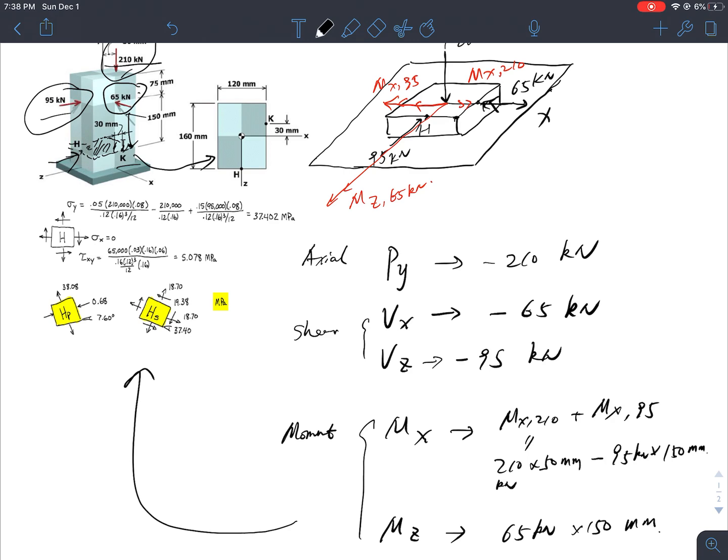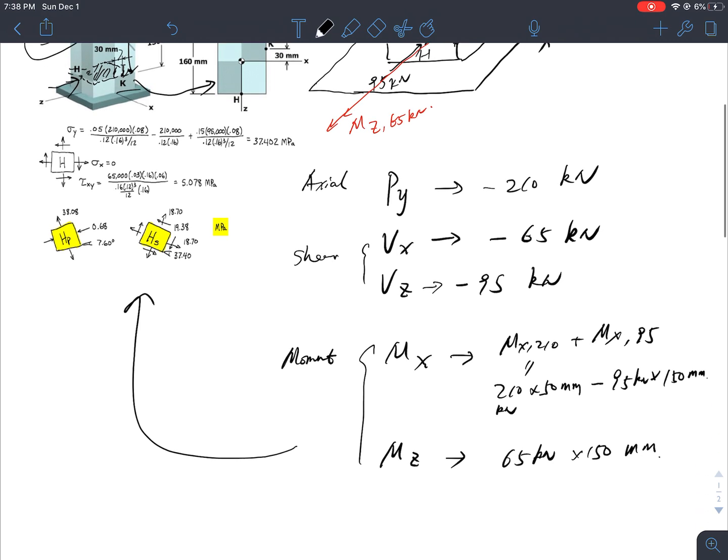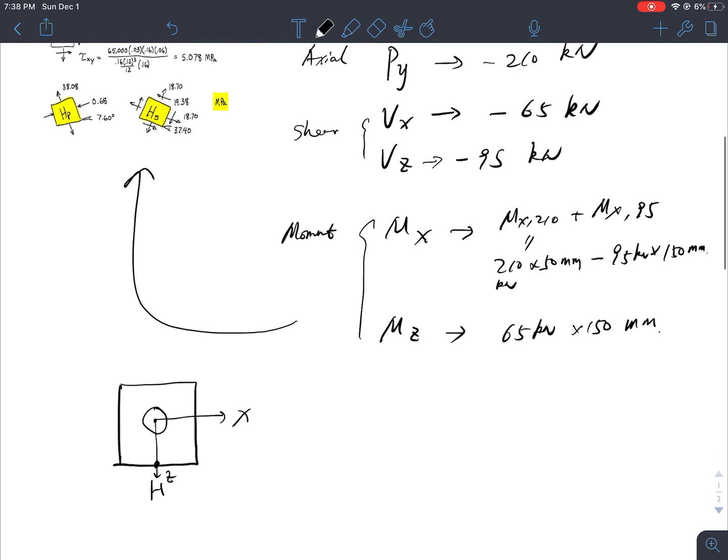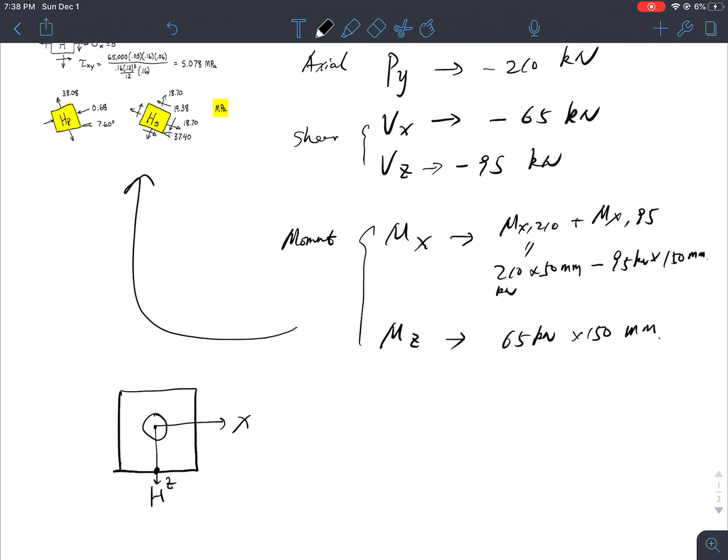The shear stress on point H here, from the x direction, from Vx, this is x, and this is z. Y is pointing out towards the plane. So Vx is going this way, and Vx has the maximum shear stress at H.